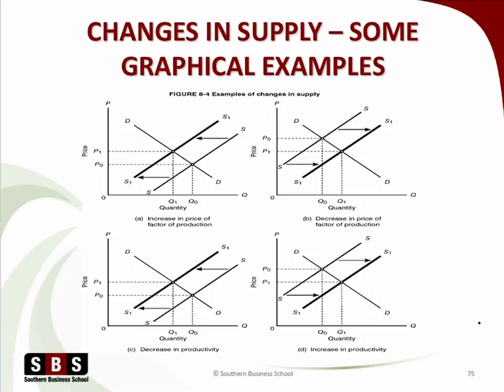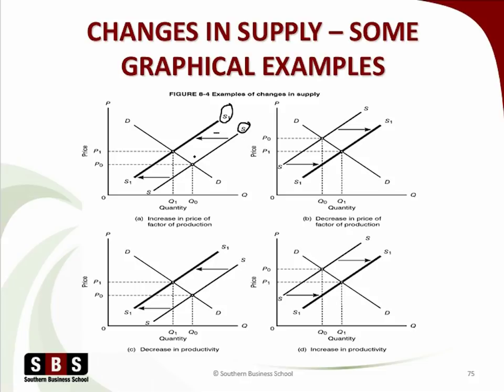The first graph there is the increase in price of the factors of production. Now, the factors of production have to do with the supply side, not the demand side. That's why the supply curve will move from S to S1 with that arrow. The supply curve will move, the demand curve will stay the same. So you're going to get S and then a new supply curve with the arrow showing it.